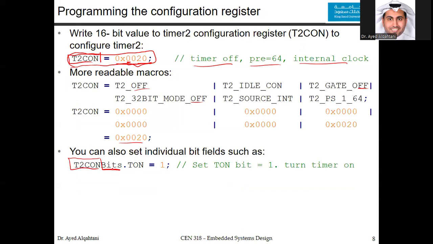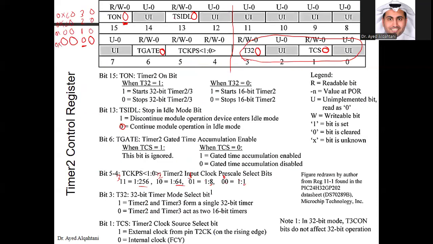You would see this in many other special function registers, or SFRs. So be aware of this. Since you say timer 2 control bits, after that you enter dot, and as you know, in object-oriented style, you will have all of the bits of the timer 2 control register, including all of these bits.